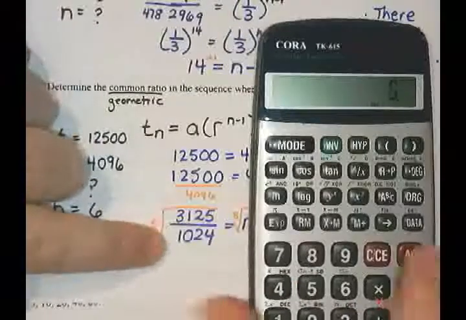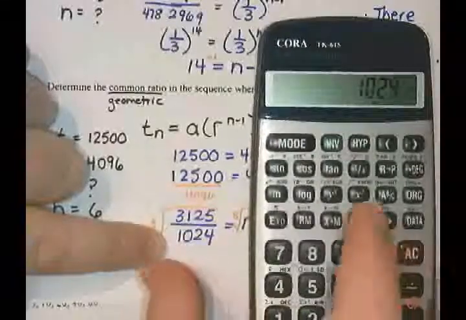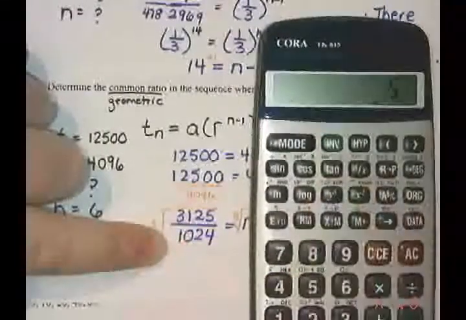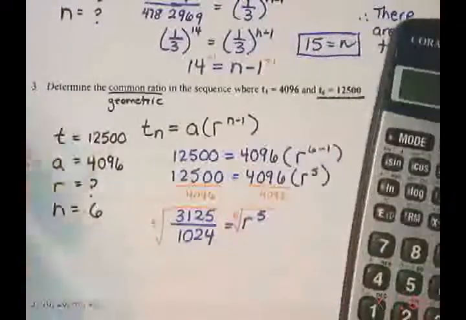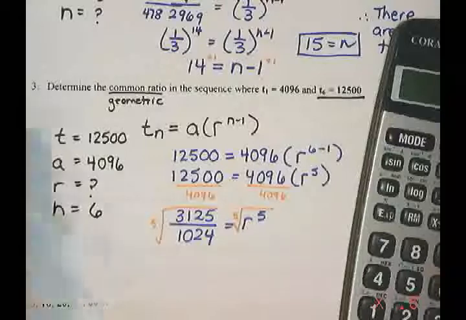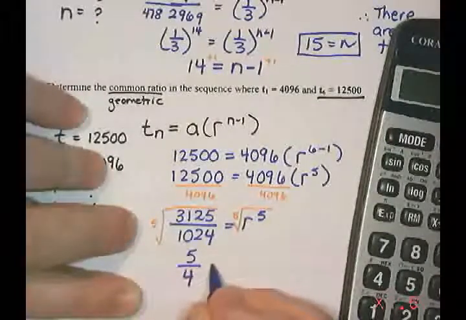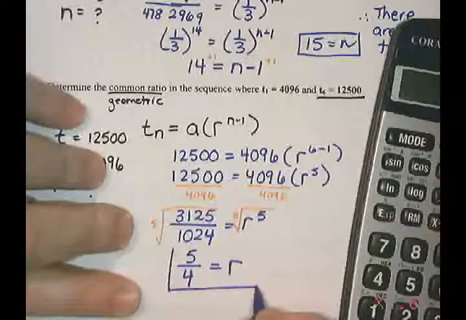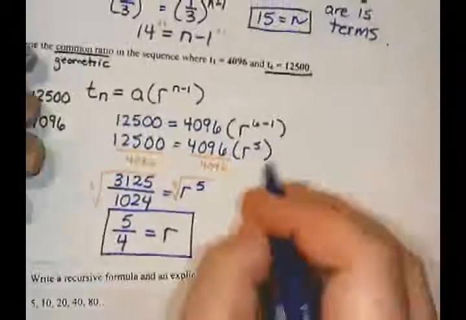And then you would do the 1024 separately to get the 4. Now your calculator may do it in a slightly different order, but those are definitely the buttons you need to push. So this is 5 over 4 equals R. So my common ratio this time was a fraction of 5 over 4.